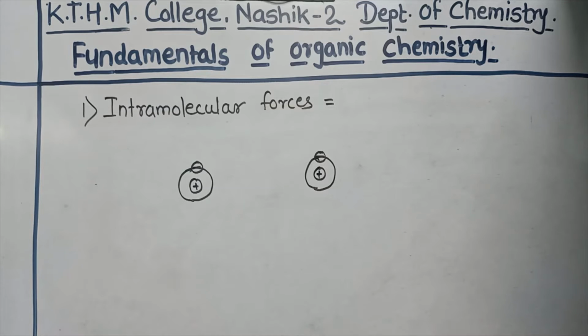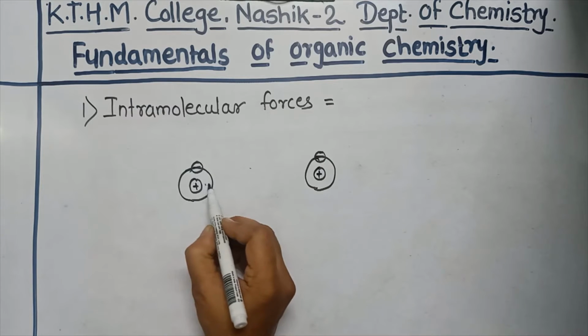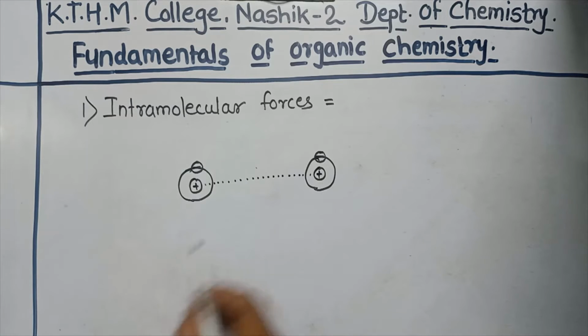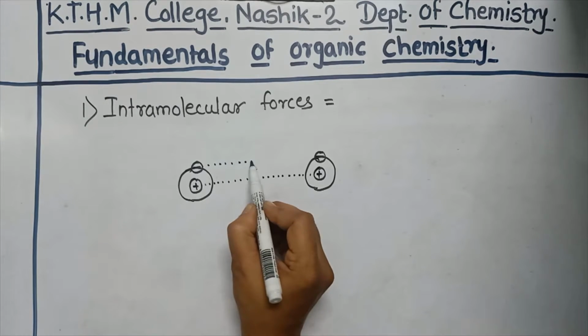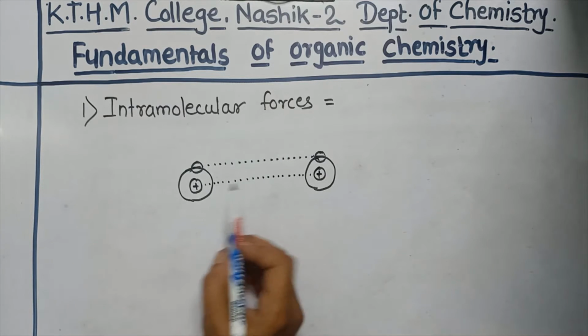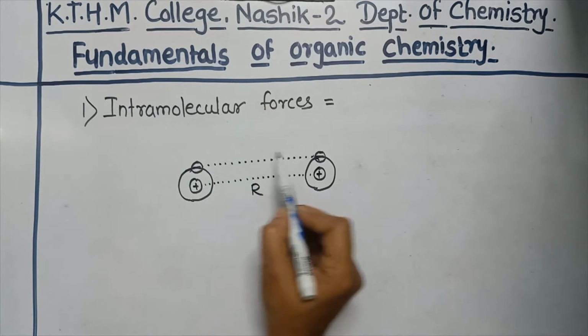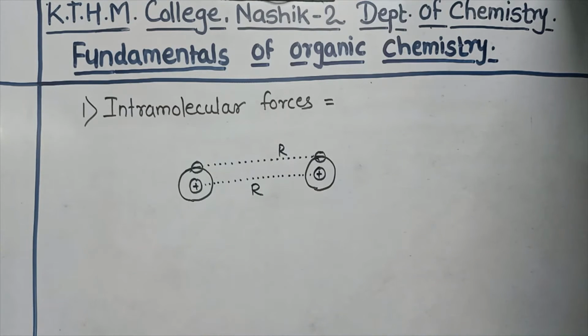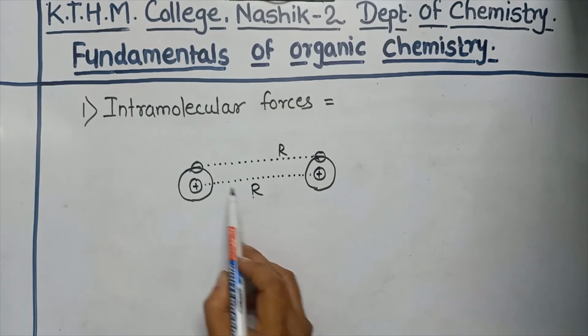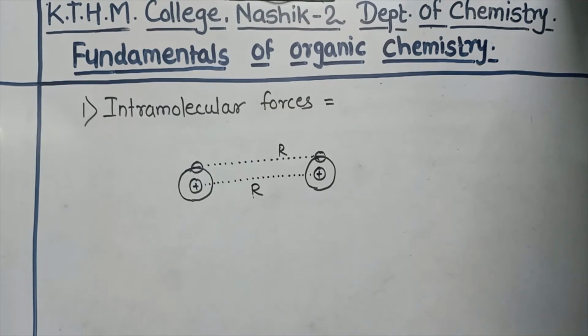When the two atoms come sufficiently close, new forces of attraction and repulsion are present between them. The positive charges repel each other, because we know that like charges repel each other while unlike charges attract each other. These dotted lines indicate the repulsive force, termed R. These two positive nuclei show repulsive force, and two negative electron clouds show repulsive force.